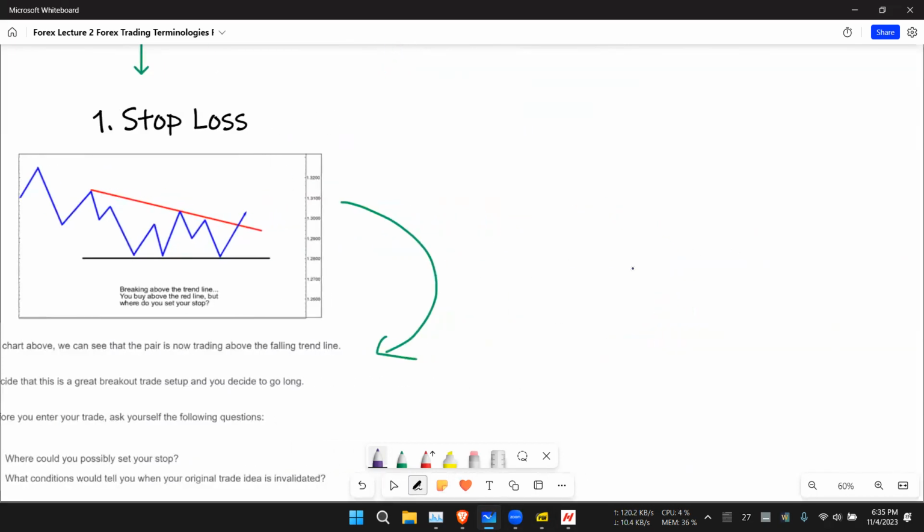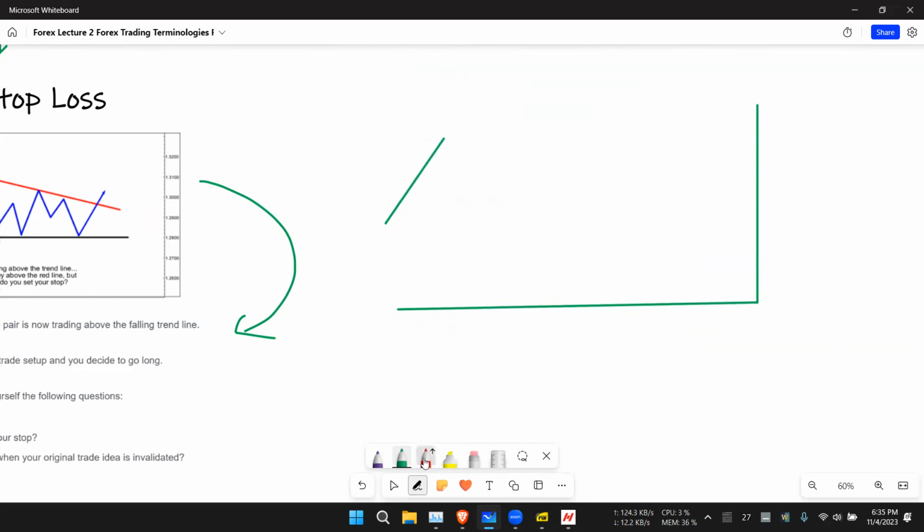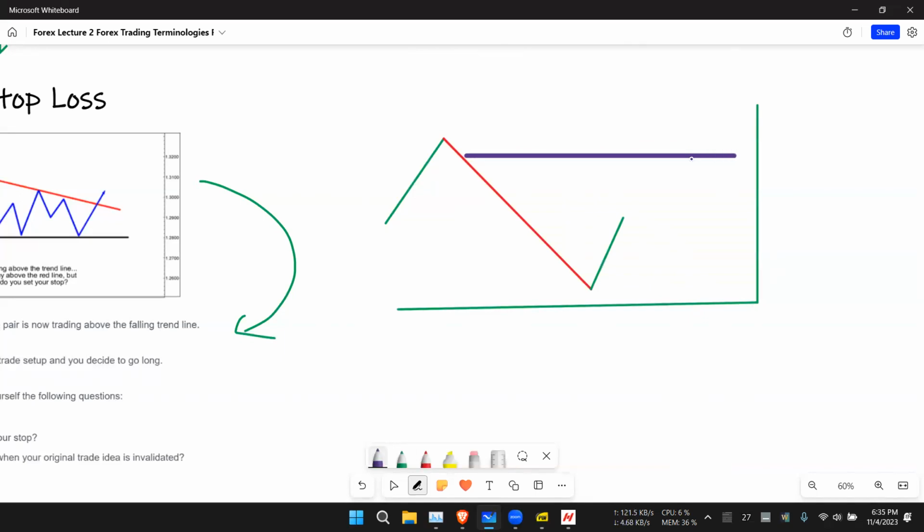For example, let's set up a condition. Let me just draw up a rough chart here. Let's say our current trend was going up, and then the trend goes down, and it doesn't get up. Even if it gets up, it stops here and doesn't get to this position. Do you think, Chris, we should do something about this situation?